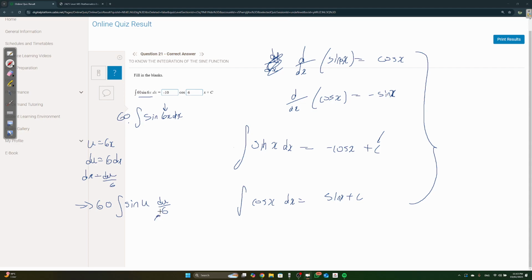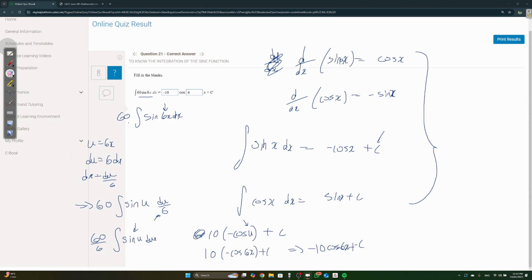Now this over 6, you take it outside, so it's going to be 60 over 6 integral sine u du. What's the integral of sine u? It's going to be 10 times negative cosine u plus c. What's u? We said u is 6x, so 10 negative cosine 6x plus c. So it's going to be negative 10 cosine 6x plus c.